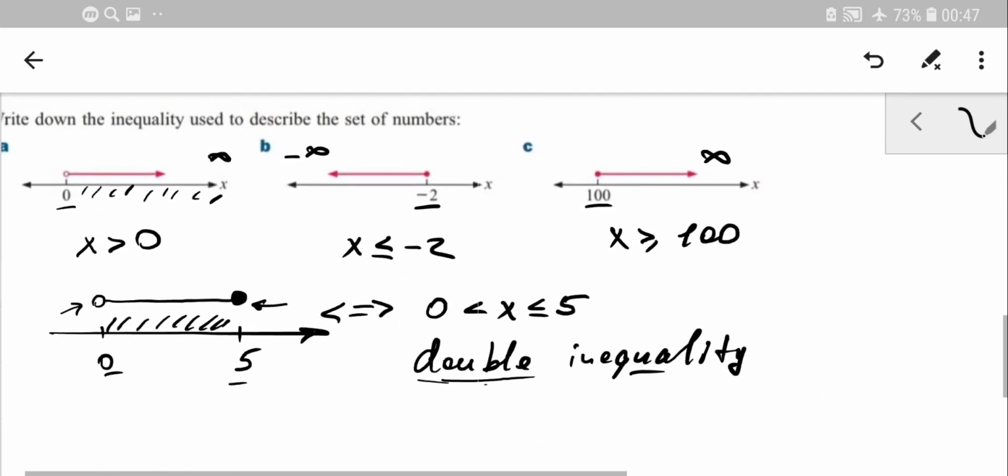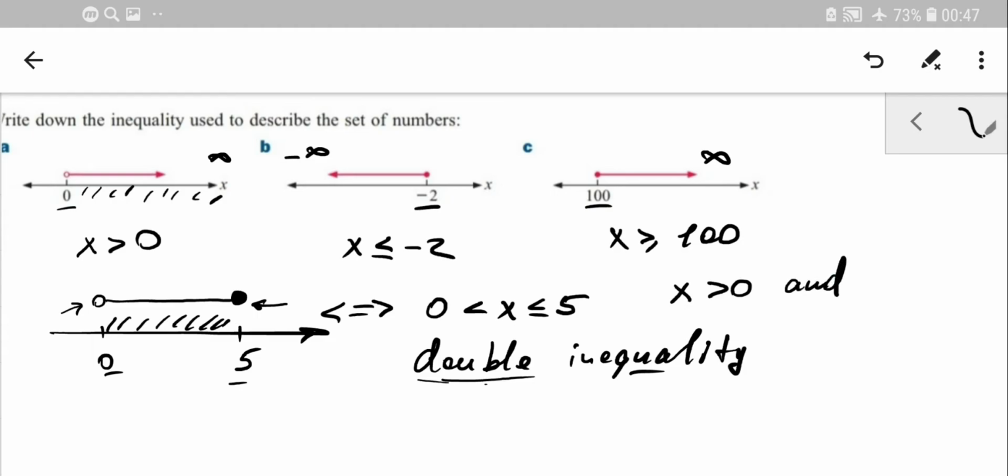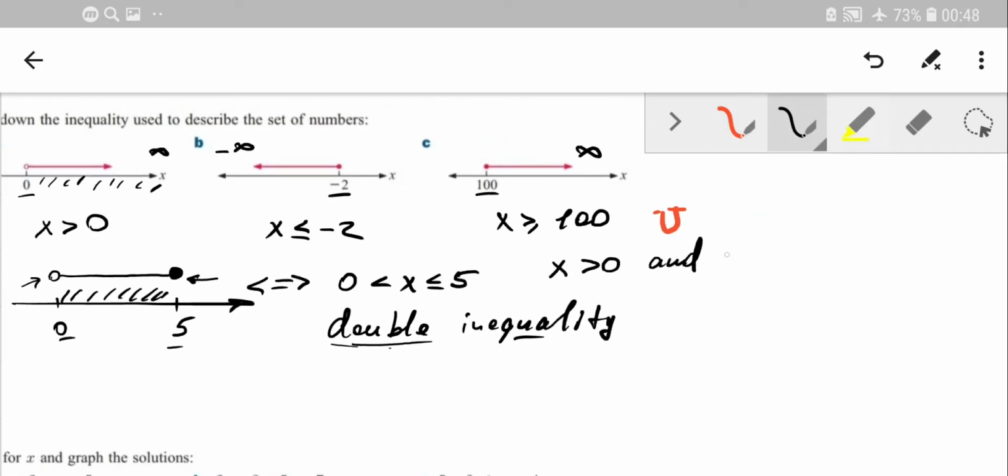However, you can write it using the following notation. You can write x more than 0 and, instead of "and", you might use a specific sign which is called union, in combination with x less or equal than 5. So in total, you'll have actually the same as you have here.